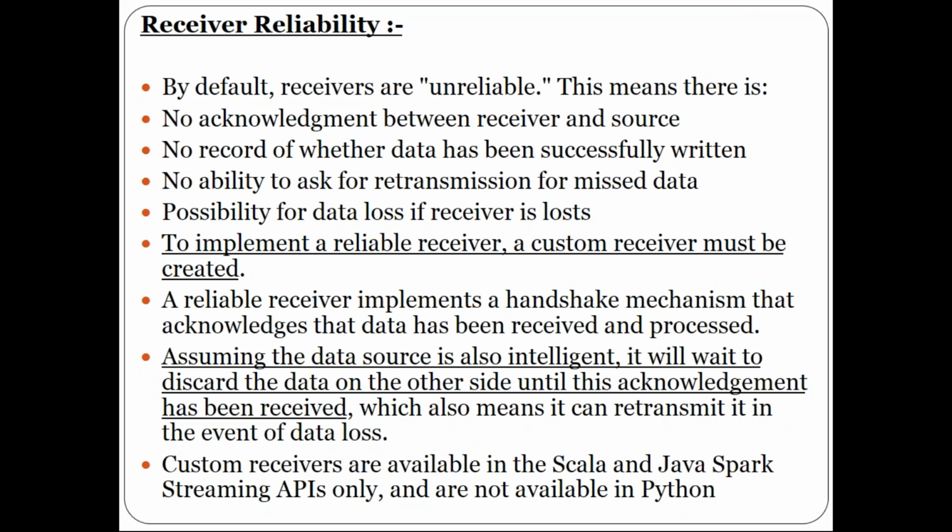These reliable receivers are custom-made in such a way that when data is coming from source to receiver, it will wait. It is smart enough that it will discard the data on the other side only after getting an acknowledgement that it has been received, which also means it can retransmit if any data is lost. Custom receivers are available in Scala and Java Spark streaming APIs only. They are not available in Python.